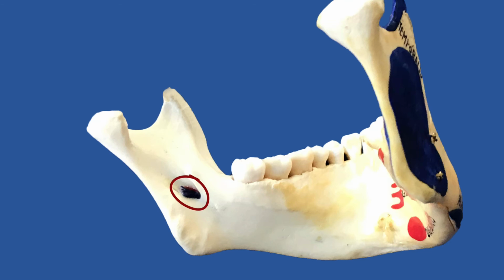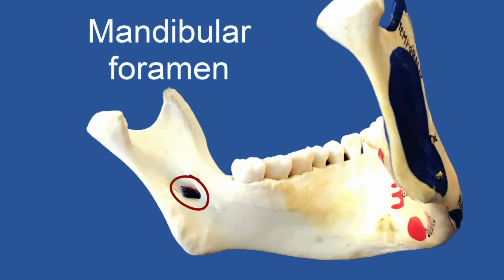And this opening is referred to as the mandibular foramen. And it is going to be the place that allows the inferior alveolar branch of the mandibular branch of the trigeminal nerve to enter the bone. It's also going to allow the blood vessels to enter and leave the mandible. We just saw these blood vessels from the other side.